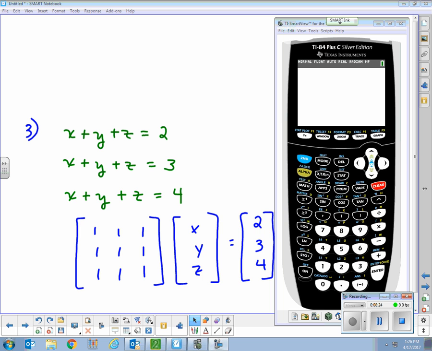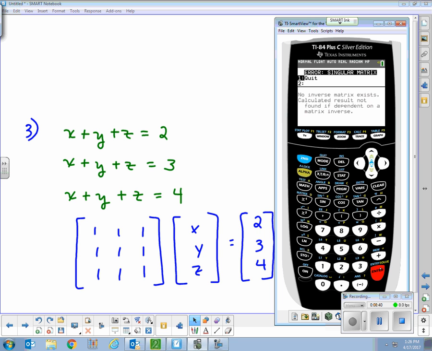If I put this in the calculator under matrix, and I try to take the inverse of that matrix A that I just filled in with a bunch of ones, I'm going to get no inverse matrix exists. So that tells me that this problem does not have a unique solution.